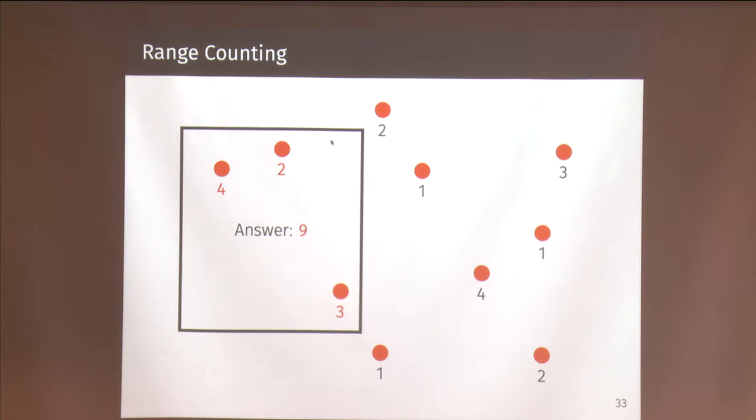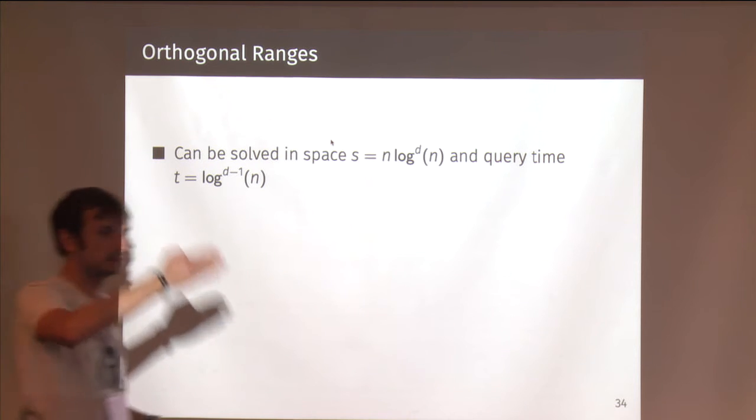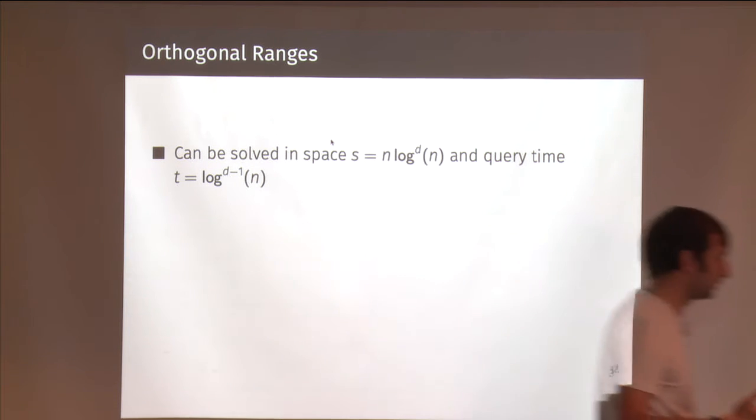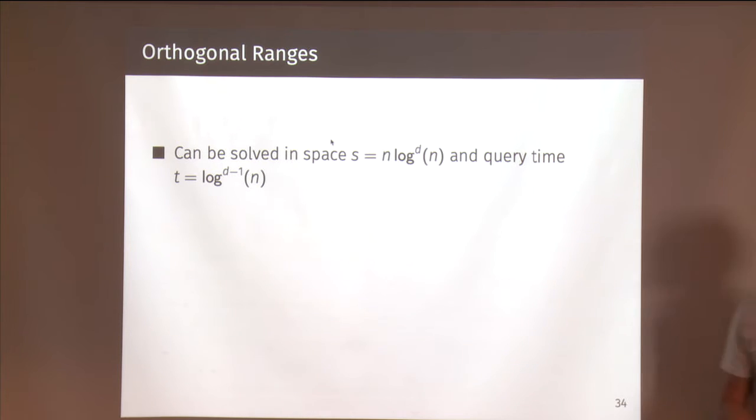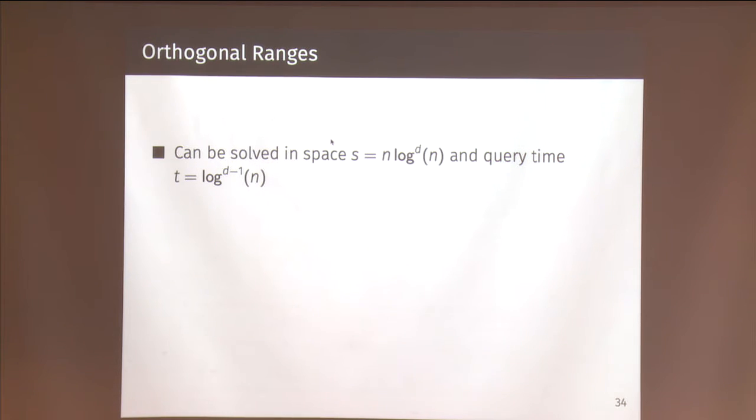Yeah, and here in the group model we have many efficient data structures for different range counting problems. For example, one of the most famous examples of this problem is the orthogonal range problem, where all ranges are just axis-aligned rectangles in 2 dimensions or in some d dimensions. And there we have very efficient data structures, say range trees.